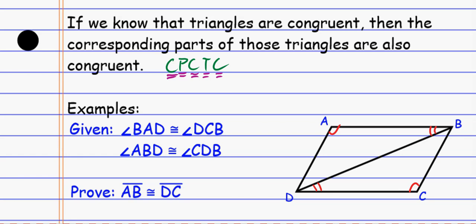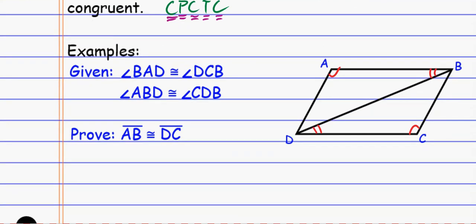And so here's the thing. If I wanted to prove that AB and DC are the same, well, I would know right away that they're the same if I could show that these two triangles are the same, all right? And so that's the path that I take. I want to show that the triangles are the same so that I can show that the different pieces are the same, all right? So here we go, statements and reasons.